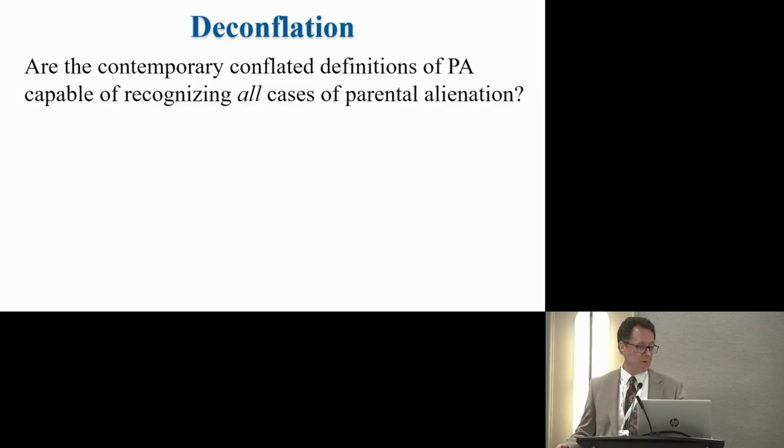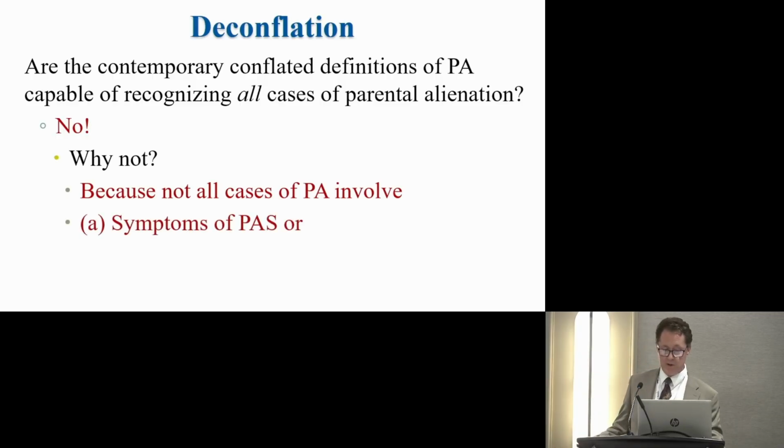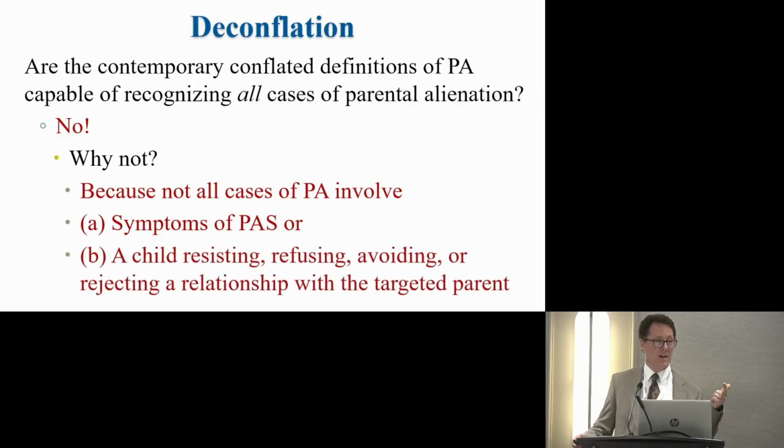Are the contemporary conflated definitions of parental alienation capable of recognizing all cases of parental alienation? The answer is no, and why not? Because not all cases of parental alienation involve A, symptoms of parental alienation syndrome, we learned that from Dr. Harmon's research, and B, a child resisting, refusing, avoiding, or rejecting a relationship with the targeted parent. Those 2 factors are not in every case of parental alienation.